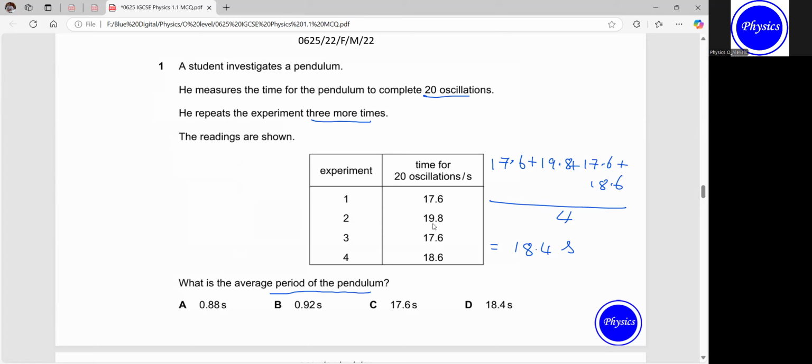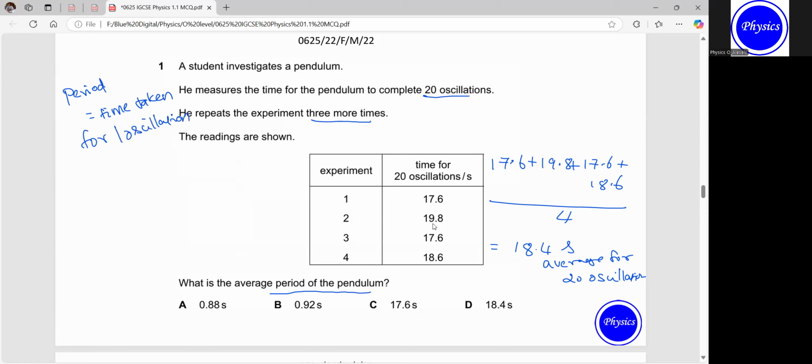This is the average time for 20 oscillations. But we don't need the average for 20 oscillations. We need the average for the period of the pendulum. What is period? Period is equal to the time taken for one oscillation.